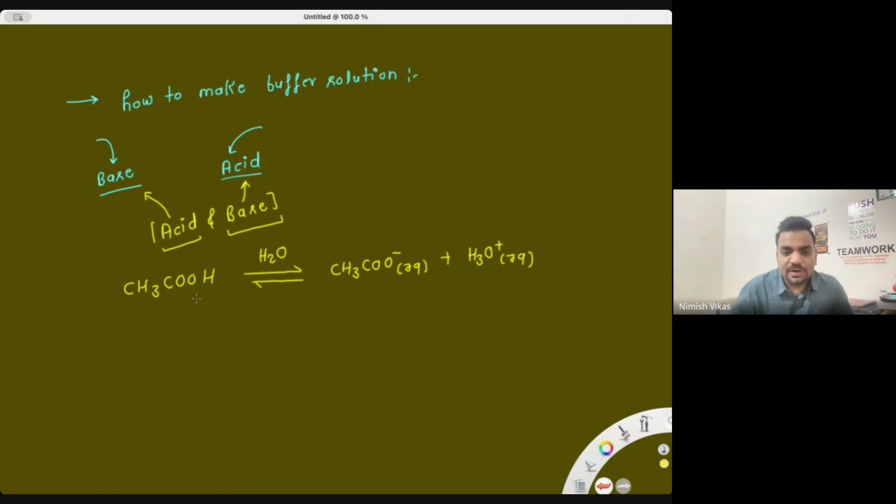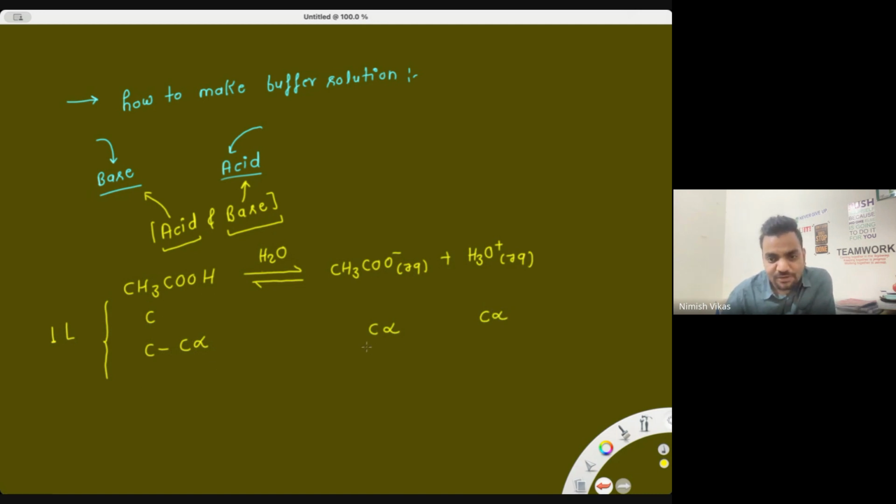So over here, let's say we are starting with C mole per liter acetic acid. Let's say volume is 1 liter, and we have added C moles of acetic acid. So concentration became C mole per liter. Out of C mole per liter, C alpha got dissociated, and we got C alpha of acetate ion and C alpha of hydronium ion.